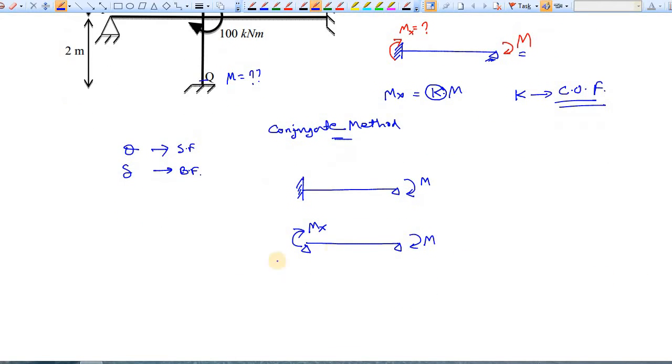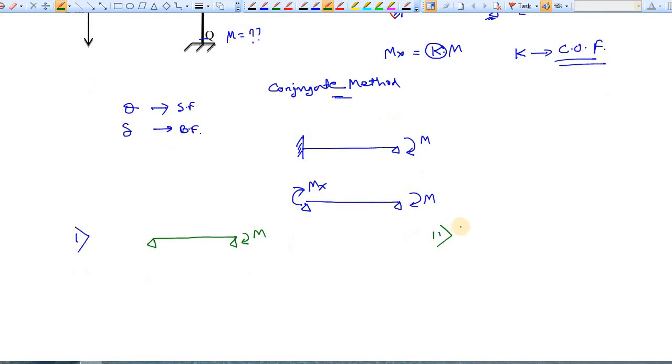Now consider, at step 1, apply the moment M at the right side, and the second step is to apply the redundant moment Mx at the left. So this problem is now equivalent to case 1 plus case 2.